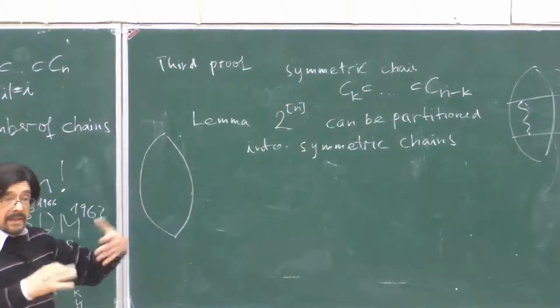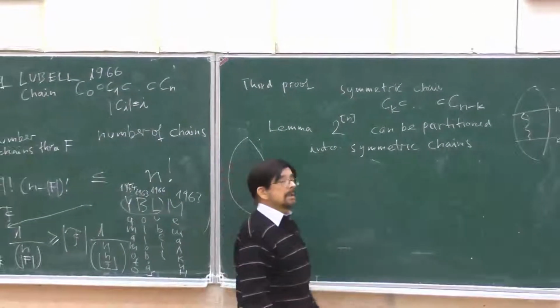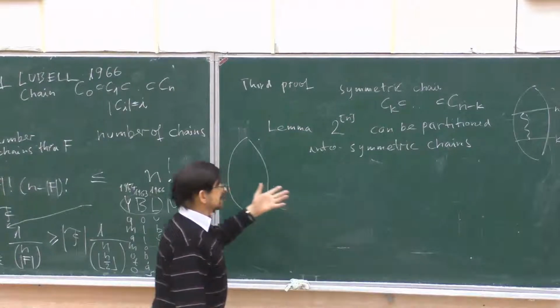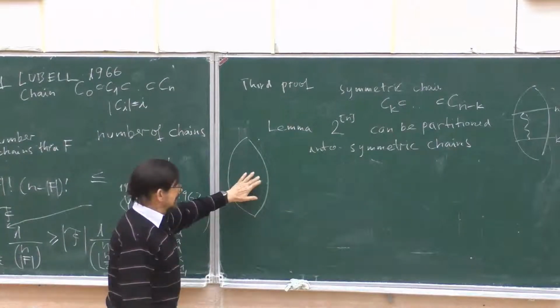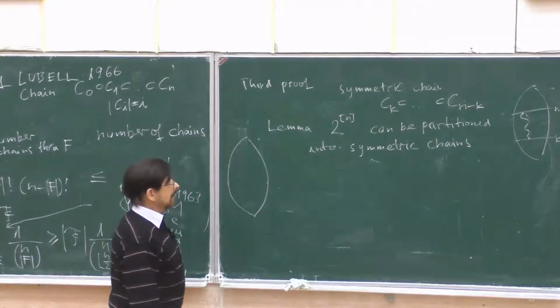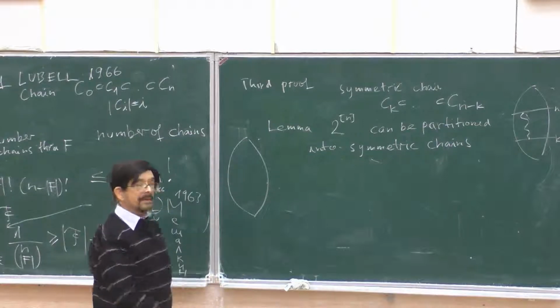Partition means that they are disjoint, so no set is in two chains, and every set is in a chain. So I hope it's clear what I mean by partition.